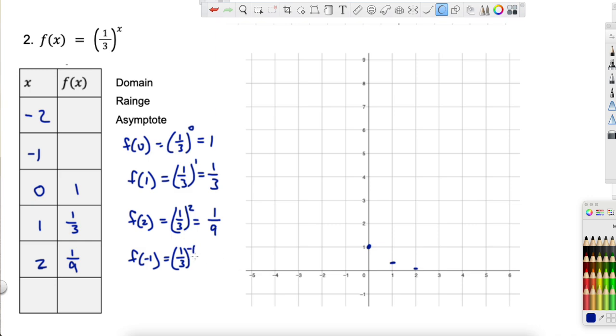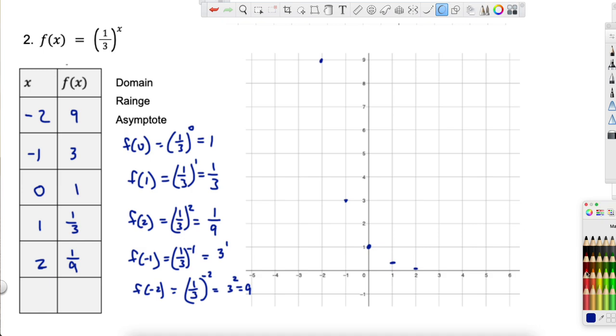I can make this positive by taking the reciprocal, so this would be 3 to the first, or just 3. So at -1, I'm at 3. At -2, if I write this as a positive exponent, it'd be 3 to the second, or 9. So at -2, I'm at 9.